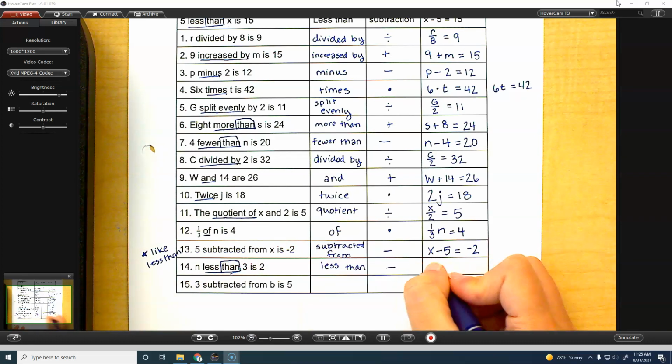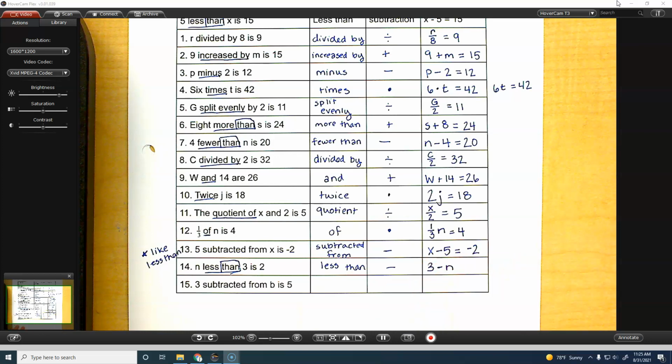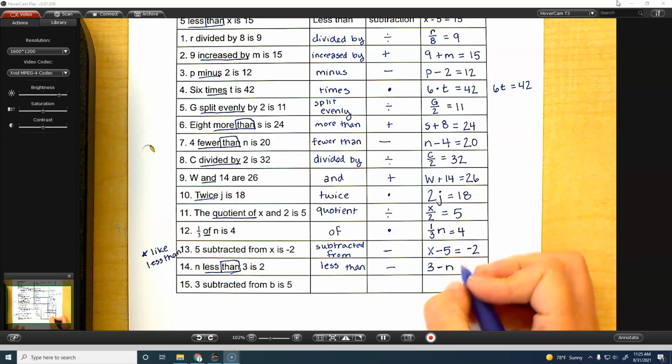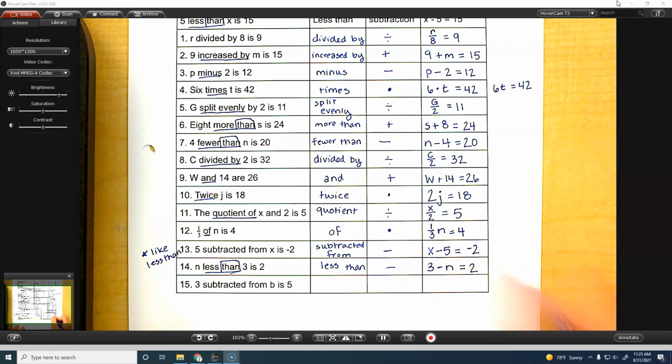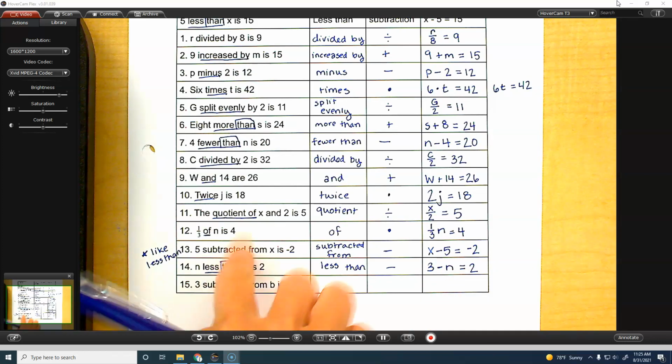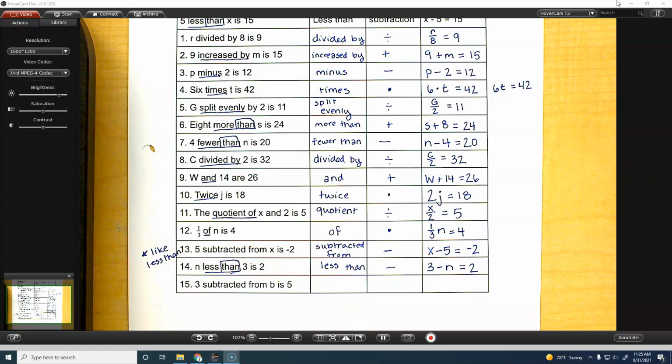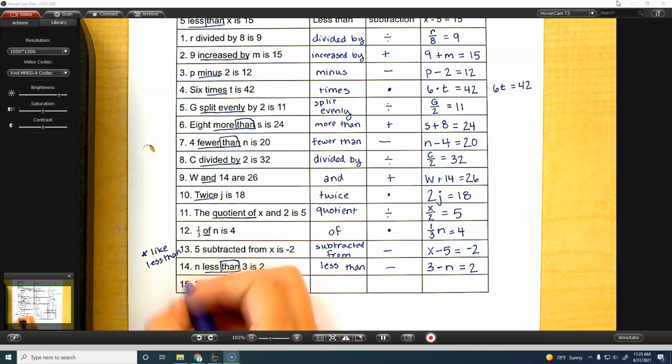So the 3 is going to come first, and then the N is second. So 3 minus N equals 2. There. So when you see those thans, an alarm should be going off in your brain telling you that it needs to be subtracted from the end or added to the end.